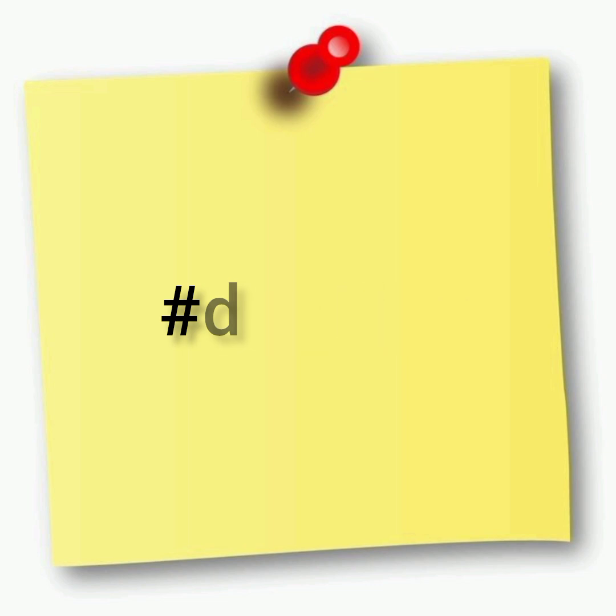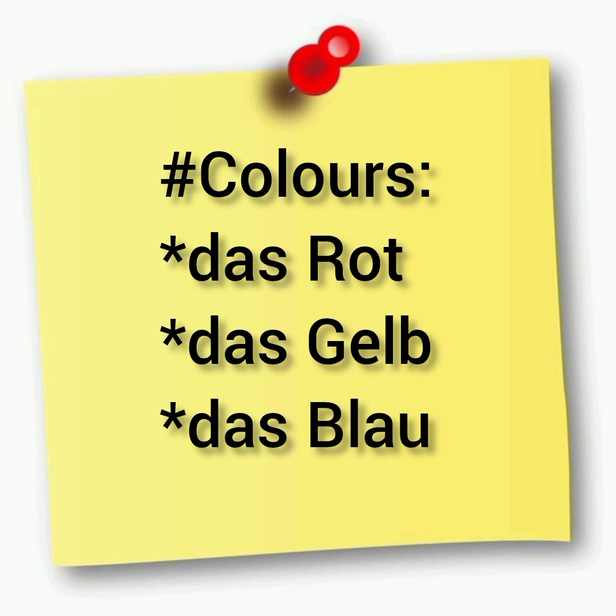All right, then. And then the other point is on colors. Now, colors are considered neuter. Remember, you can use colors as an adjective or as a noun. So when these colors are used as nouns, they normally are considered neuter. They will take das. Example is das Rot.